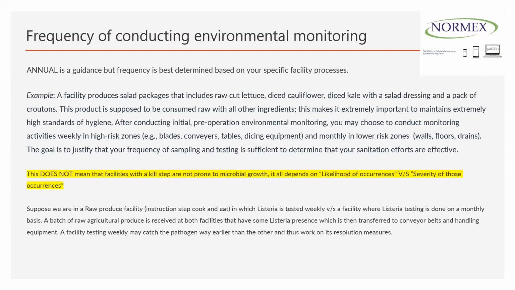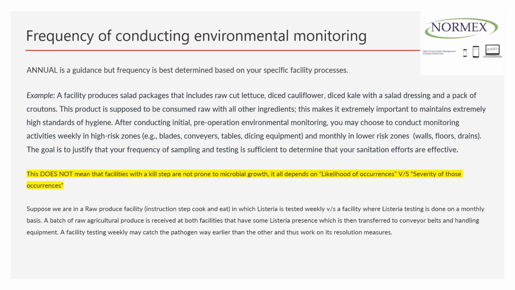So just another example, suppose you are again in a raw produce facility where the instruction step is to cook and eat, in which Listeria is tested weekly, versus a facility where Listeria testing is done on a monthly basis. A batch of raw agricultural produce is received at both the facilities that have some Listeria presence that could come through the soil as well, which came in contact with the conveyor belt and which got carried over.